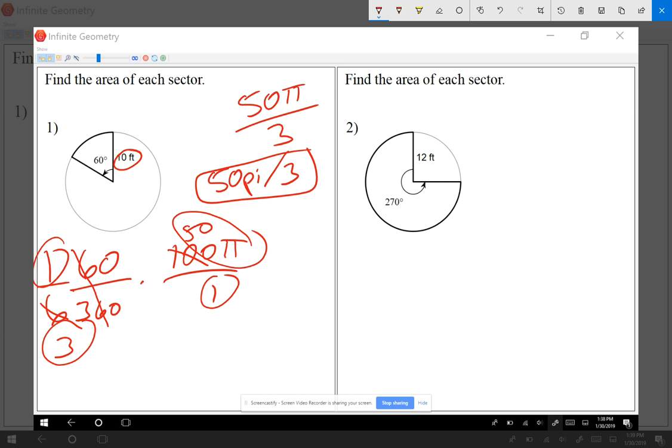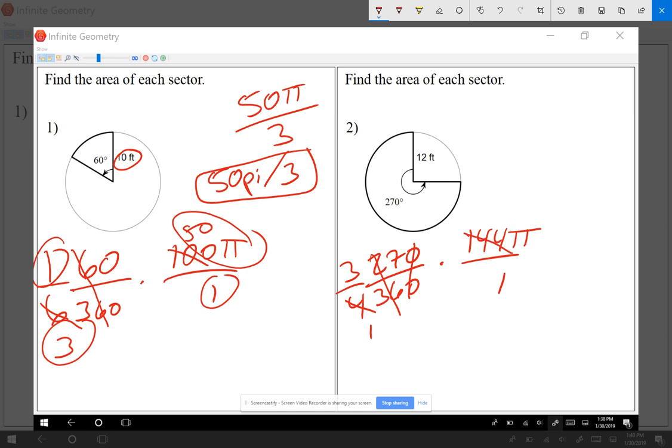Last one, let's take a look at number 2. 270 over 360 times 144 pi over 1. Right, if I cancel out the zeros, that's like basically dividing by 10. So 27 over 36, let me divide each by 9. So I have this as 3 over 4. Diagonal, 144 and 4, let me divide each by 4.